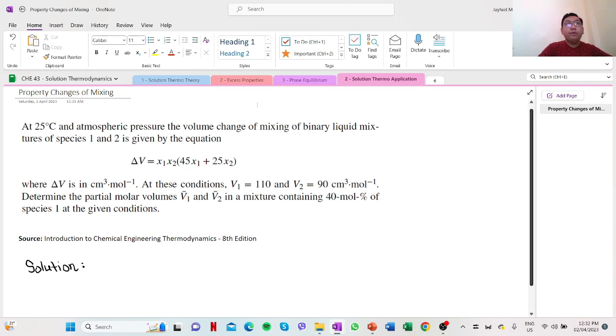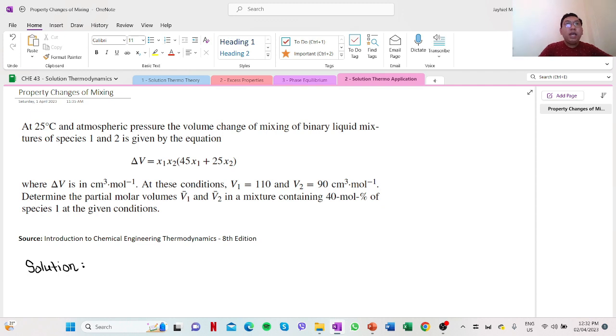to follow through, especially on the mathematical relationships that are involved between property changes of mixing, excess properties, and partial molar properties, because these properties are relevant in the design of mixing tanks, because at a certain composition, there might be expansions or contractions of the overall mixture volume after you mix two or more substances.